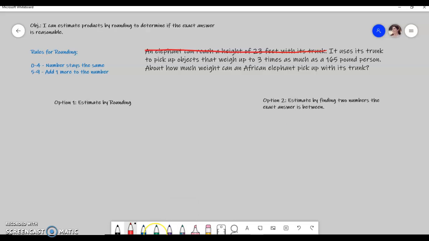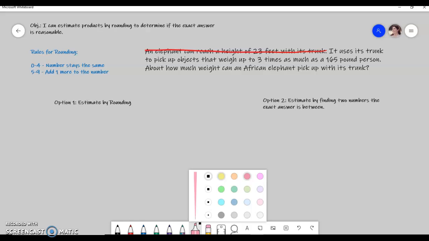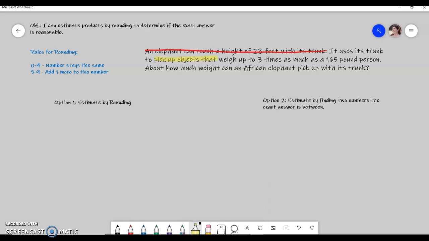So, let's go through and highlight what information we do need. It uses its trunk to pick up an object that weighs up to 3 times as much as a 165-pound person. That's important. We know that it can pick up objects that are up to 3 times as much. And here's the other piece that we're going to need: a 165-pound person.